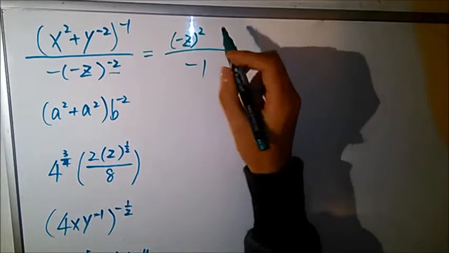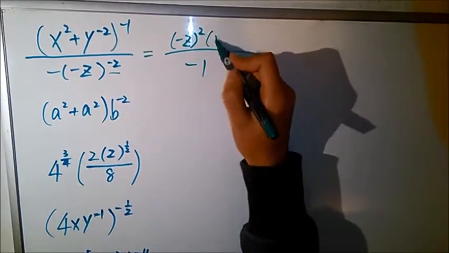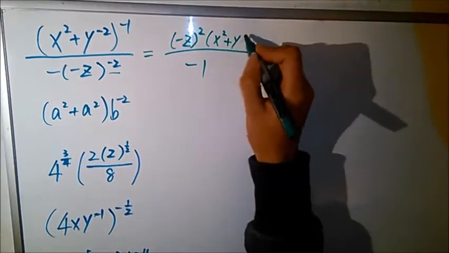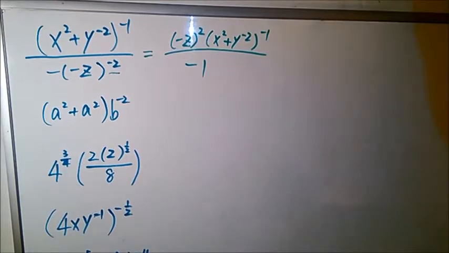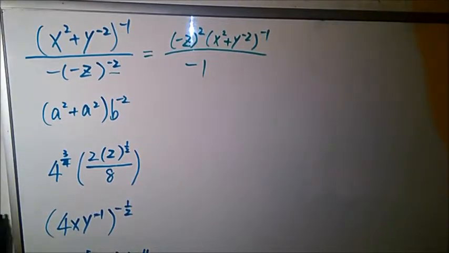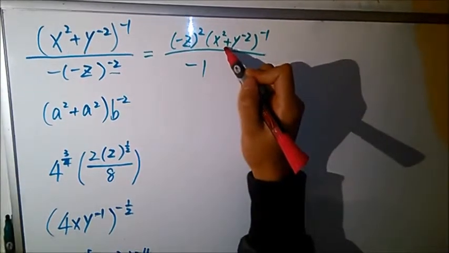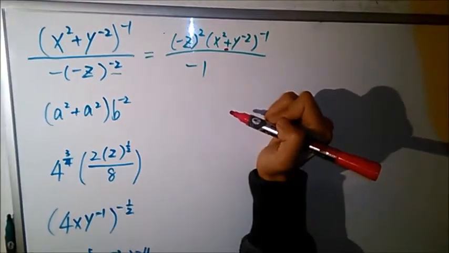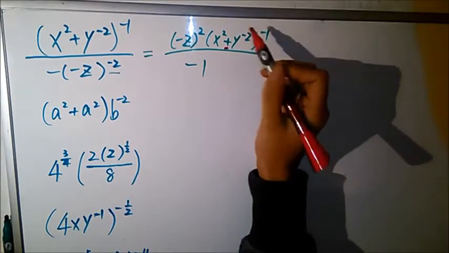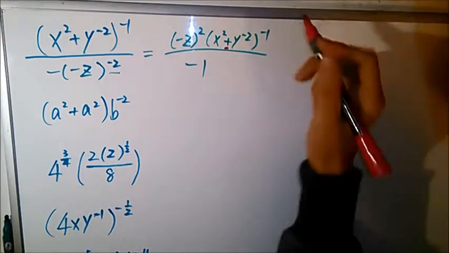And then we have the parentheses x squared plus y to the negative squared. Right. Now, since we have an addition sign in the parentheses like this, the power rule does not work. It's powerless. Okay? It can't work.